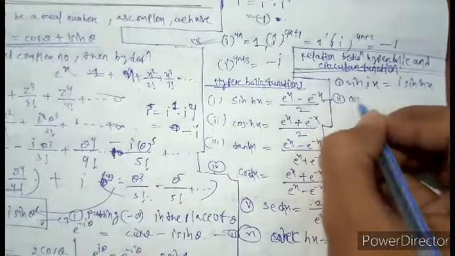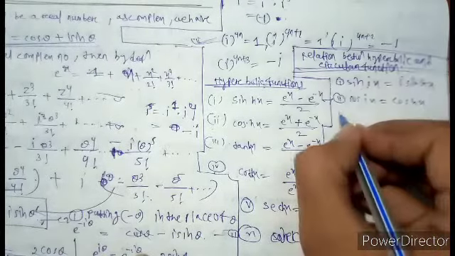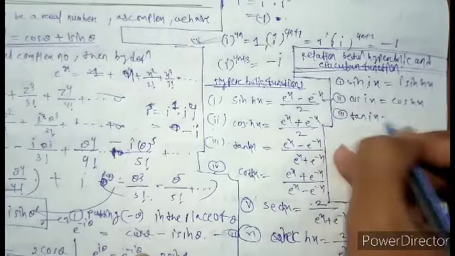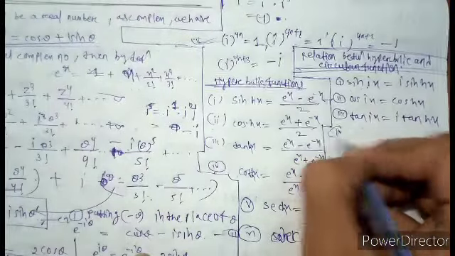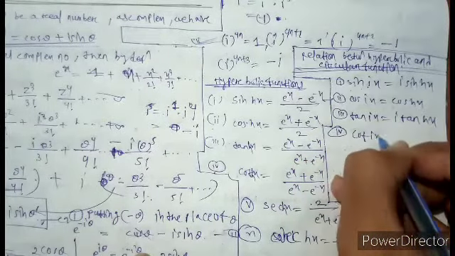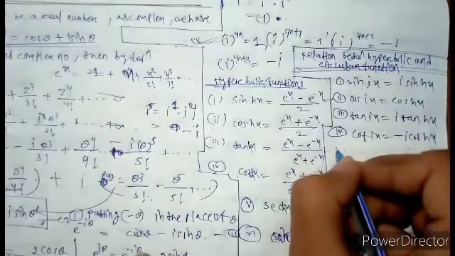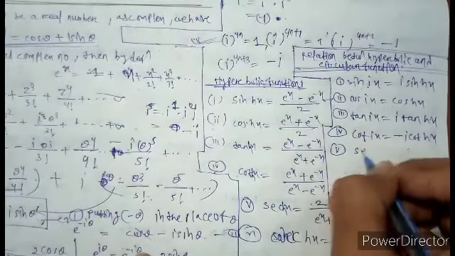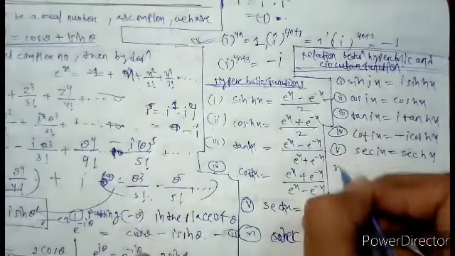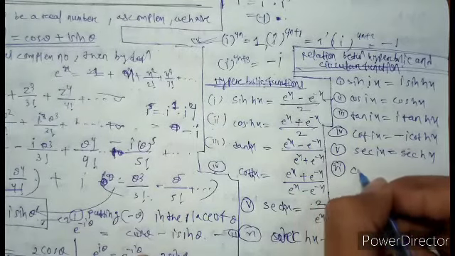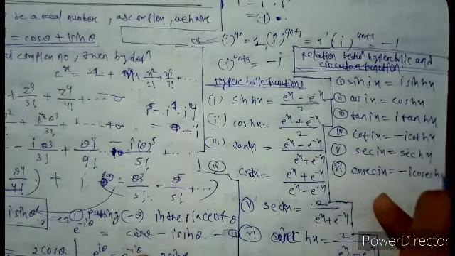Similarly, cos ix is equal to cosh x. Then tan ix is equal to i tanh x. Then cot ix is equal to minus i coth x. Then sec ix is equal to sech x. The last one is cosec ix, that is equal to minus i cosech x.